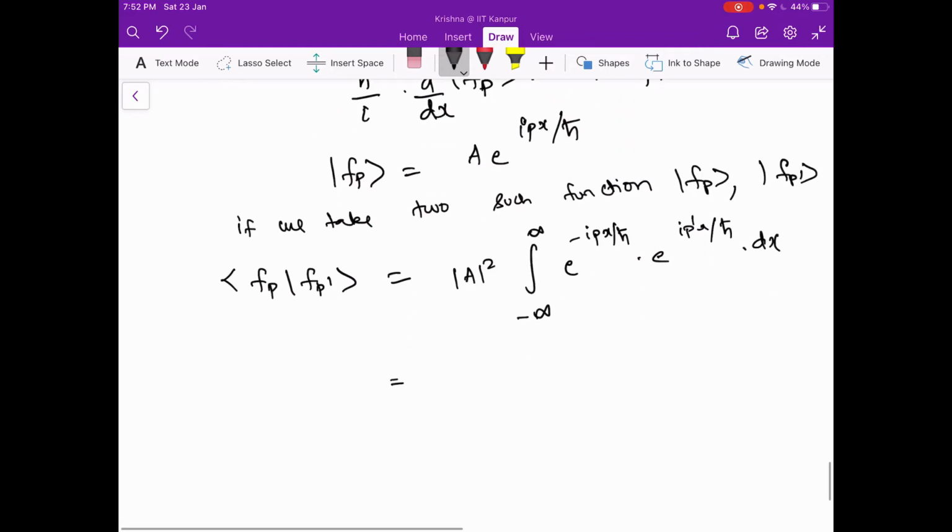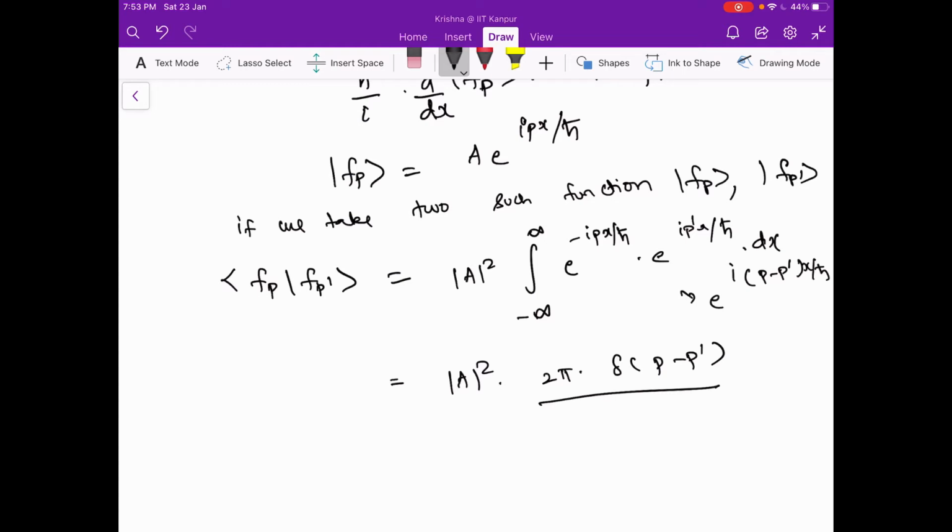And this is e to the power i (p minus p dash) x by h bar. So this will be A squared times 2 pi times delta of p minus p dash. This is the definition of infinite integrals of an exponential, so this will turn out to be something like this.